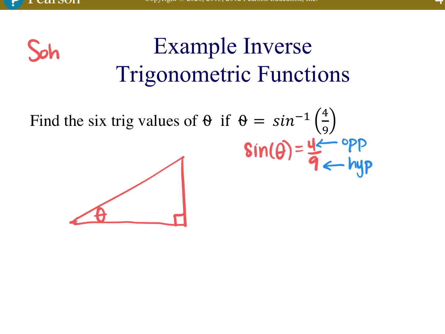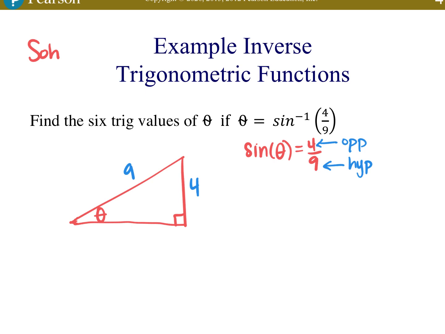So on my triangle, I plop 4 on the opposite side, and I put 9 on the hypotenuse side. And if I'm any good at math, I should be able to figure out the missing side. What famous mathematician helps us do that? Pythagoras, right?